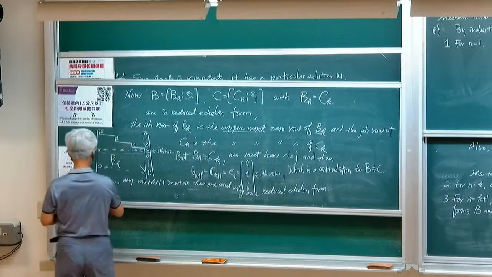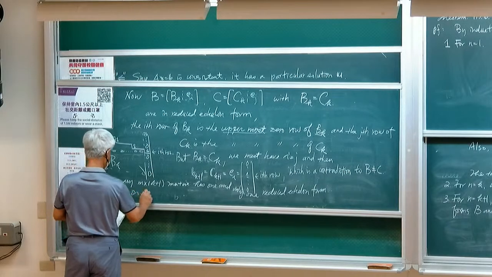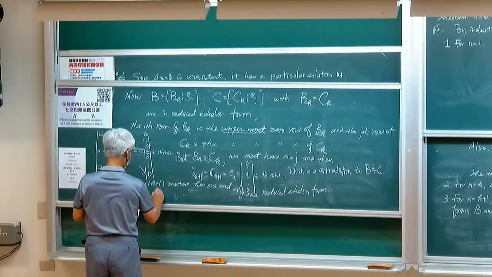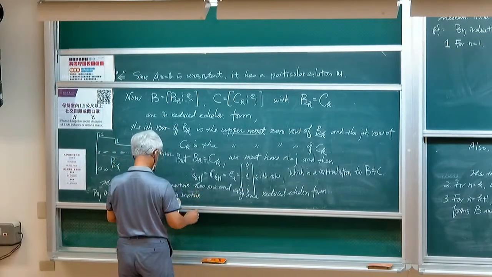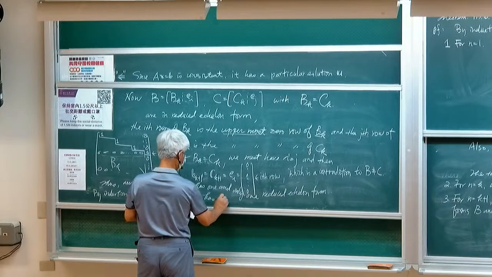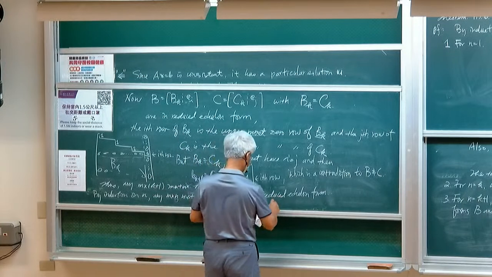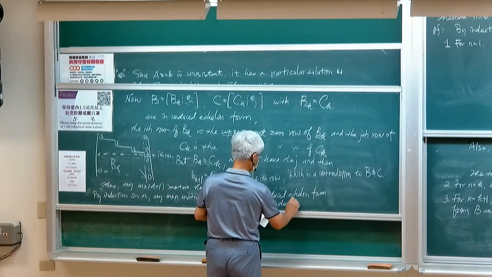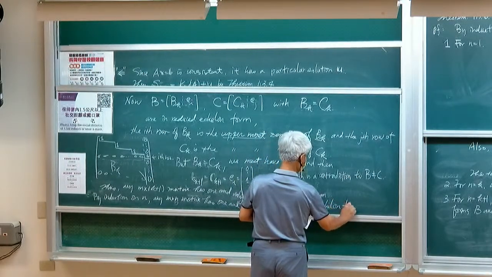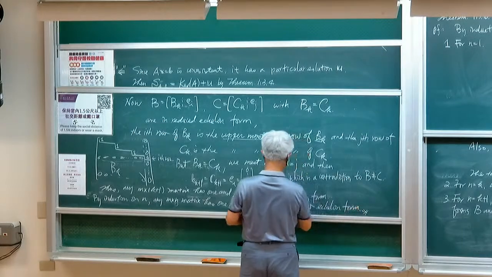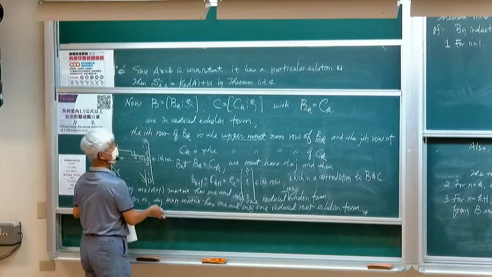Okay, so by induction on n, any m times n matrix has one and only one reduced row echelon form. Okay, so this is the end of the proof.